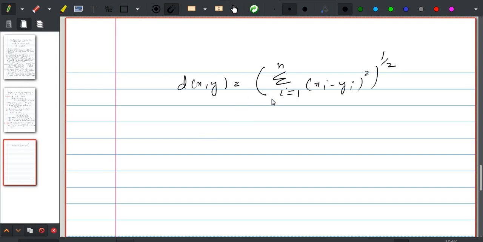So this is a metric space with this metric.